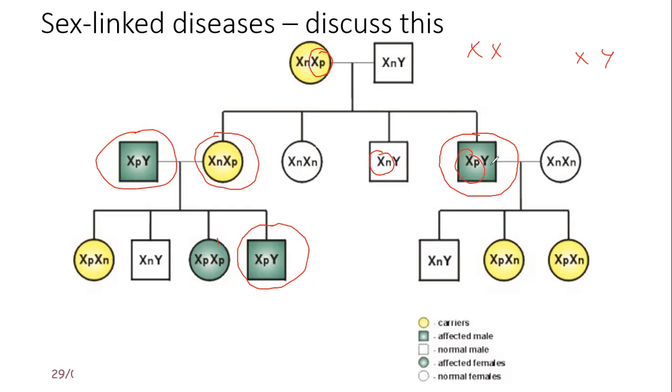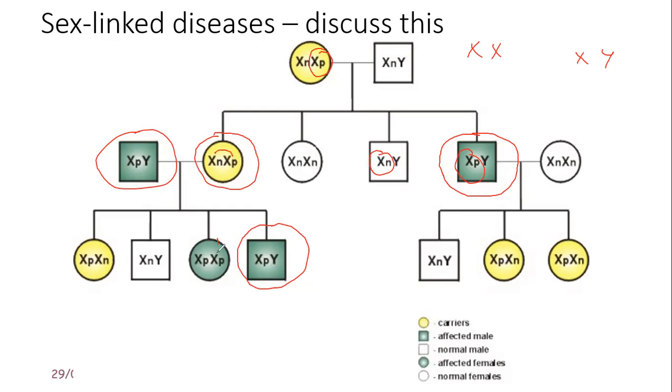Because their other allele is Y, they have no backup. So it doesn't carry a backup allele for this disease. If the disease is found on the X chromosome and you carry it, then you will have it. Whereas a female, because she has a backup allele, will just be a carrier.